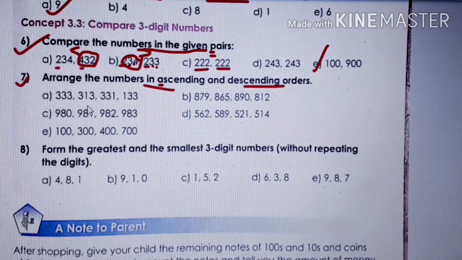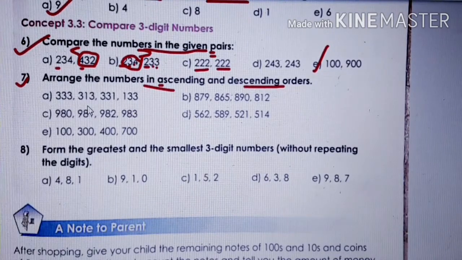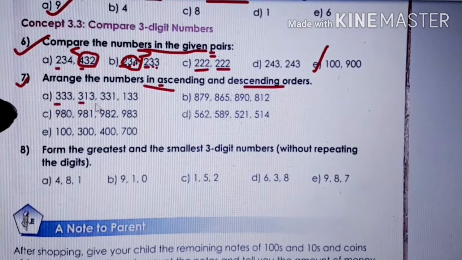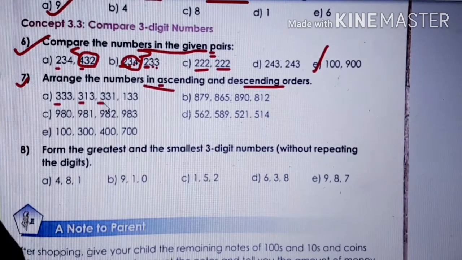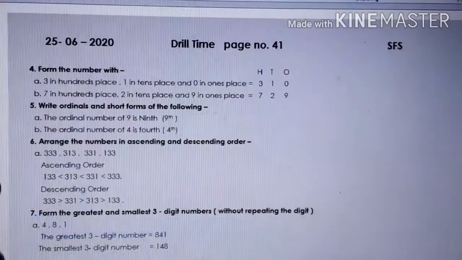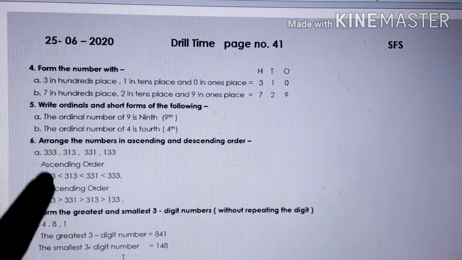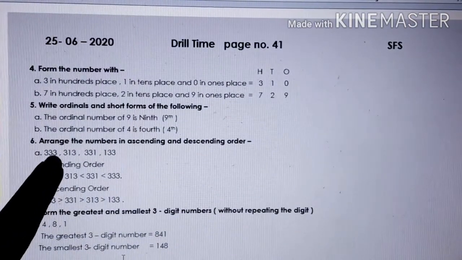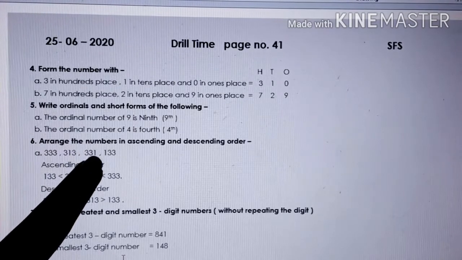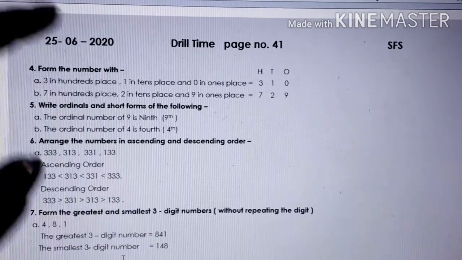How do you compare? First you count the number of digits, then what you do, children? Next you compare the hundreds place. If the hundreds place are same, then you move to tens place. Okay, so I'll show you how to do. Can you see this here? The first is 333, 313, 331, 133.